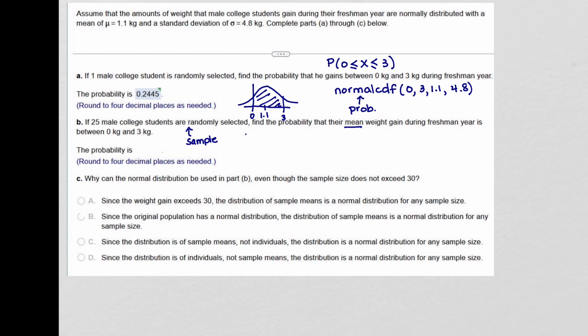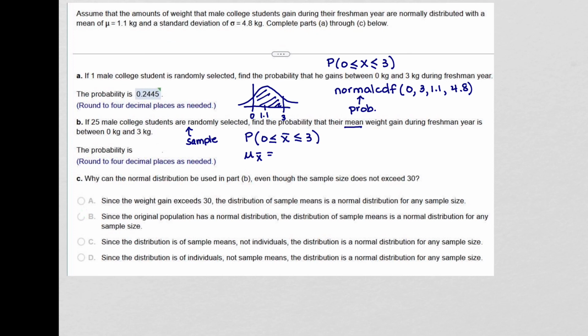Now we're going to calculate the probability that the mean weight gain is between 0 and 3 pounds. So we have our lower and upper boundaries, which are going to be just the same as for the previous problem. But here's where it changes. Now we're going to look at the mean of the sample means.